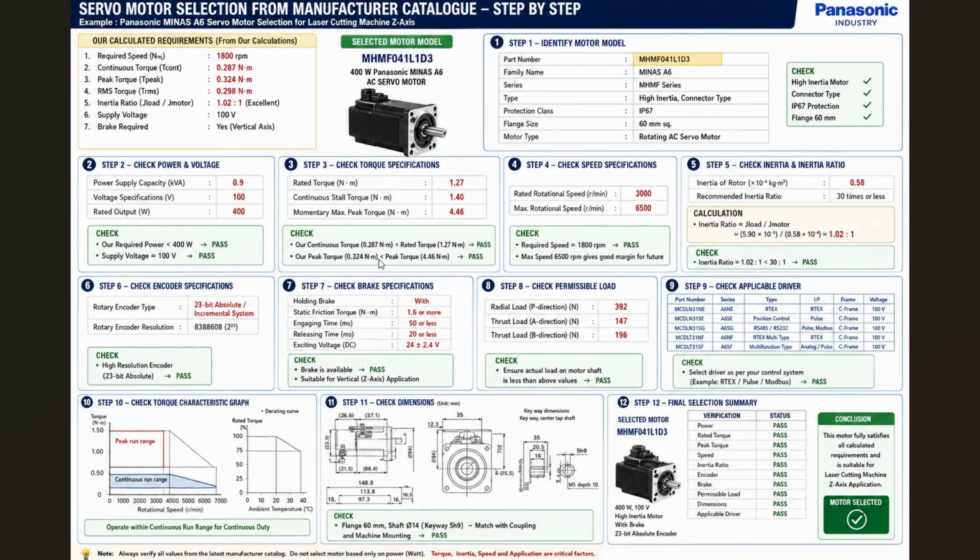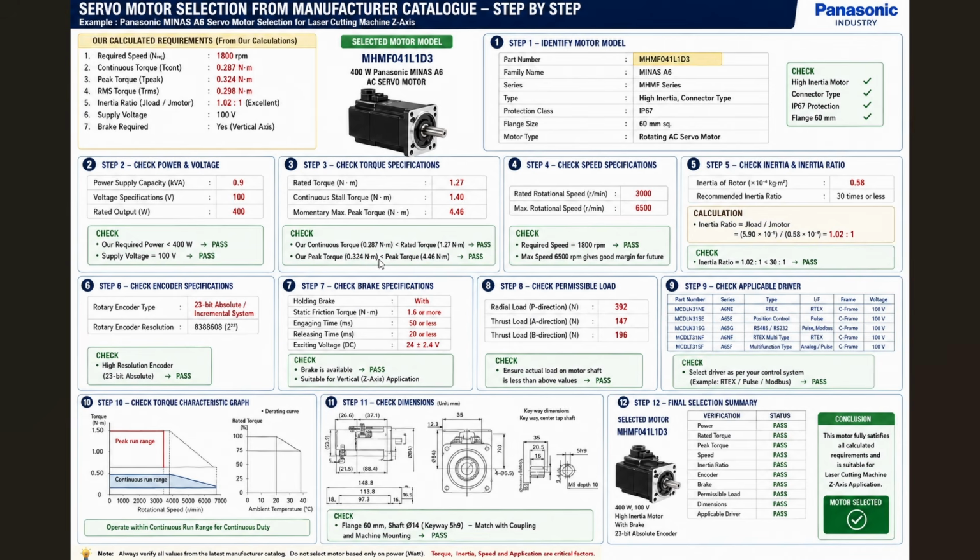We are selecting a motor with brake. Next step is check permissible load. You can see our motor passes our permissible load requirements. Next step is to check the torque characteristics graph, and our motor comfortably operates within the continuous run range for continuous duty. Next step is to check dimension.